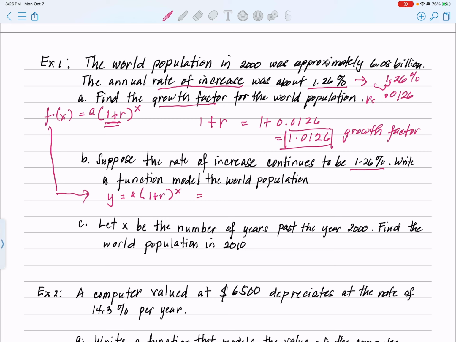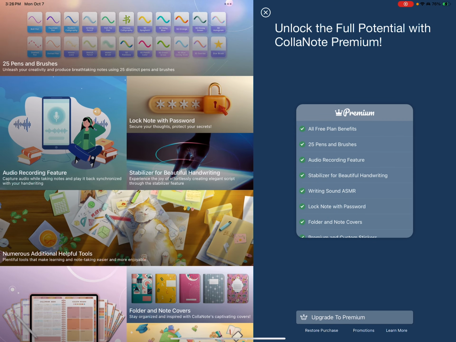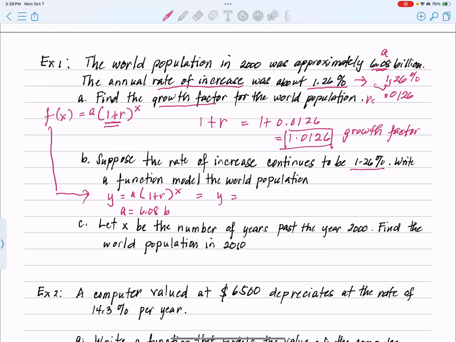We'll substitute the value. Our a is the coefficient, and that is the initial value, the initial amount, 6.08 billion. That's the initial amount.